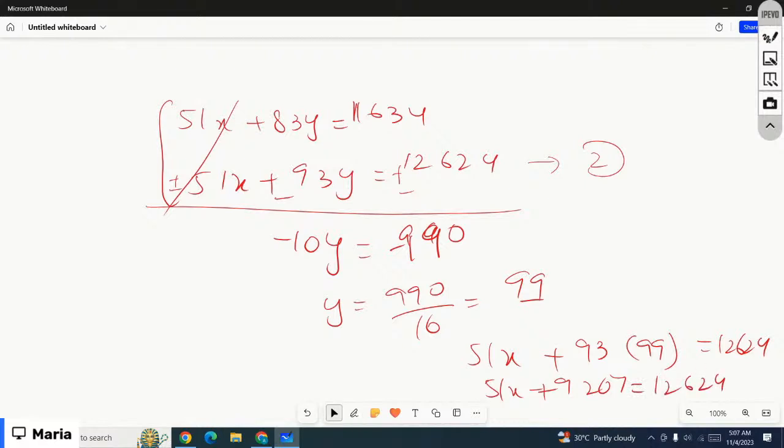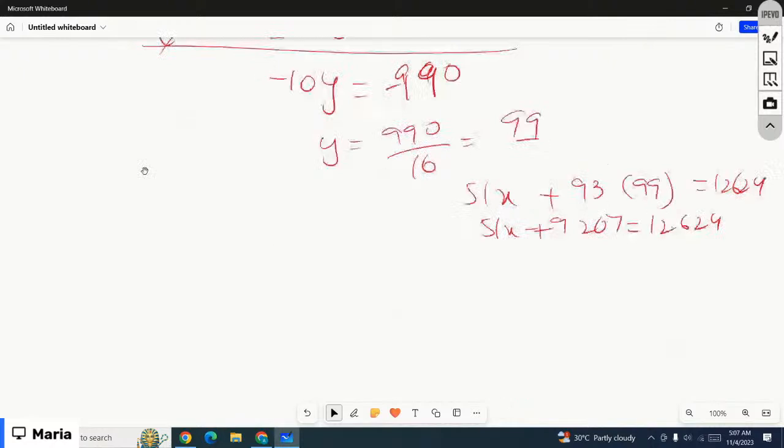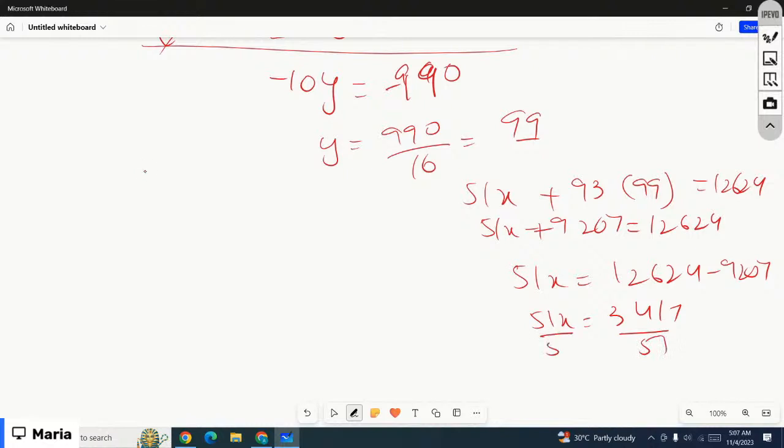Just subtract 9,207 on the other side: 12,624 minus 9,207 is 3,417. Now divide both sides by 51.